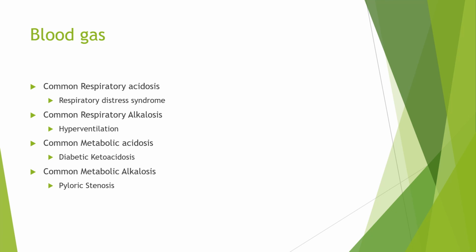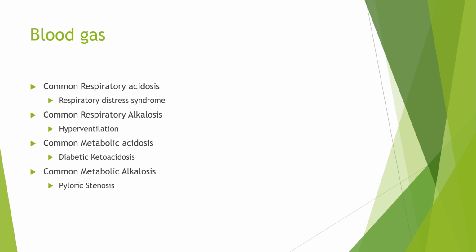So think about this in your head. The pH will be low and the CO2 will be high. A common respiratory alkalosis picture is often a teenage person who's having a panic attack and breathing really rapidly. Hyperventilation causes you to breathe off your CO2, so CO2 level will be low, which will cause the pH to go up, and you get a respiratory alkalosis picture.